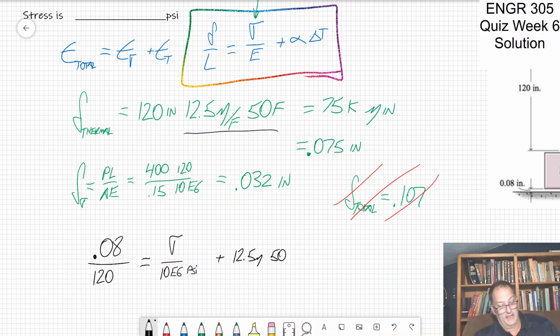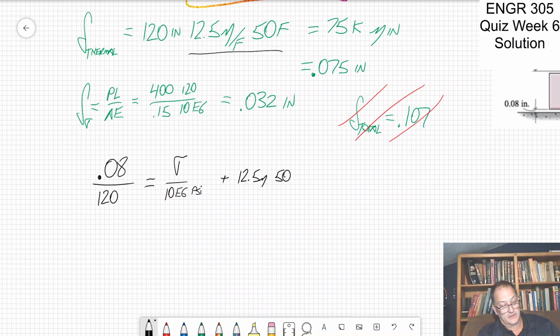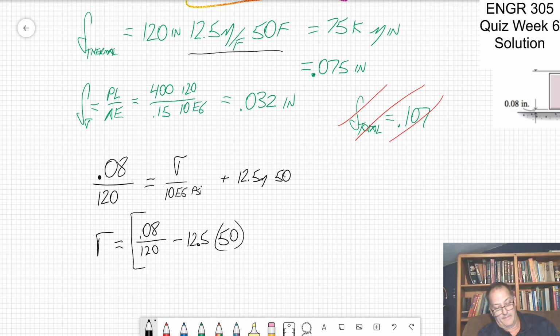Now I could rearrange this to be that my stress is equal to 0.08 over 120 minus 12.5 times 50, all of that times 10E6.